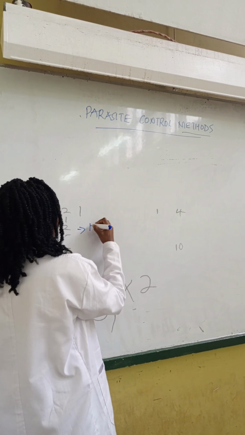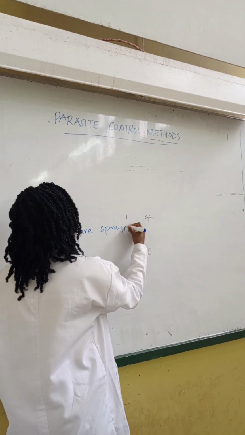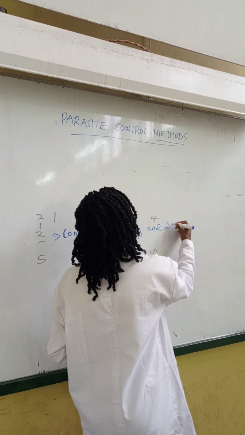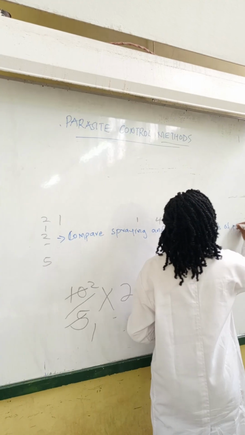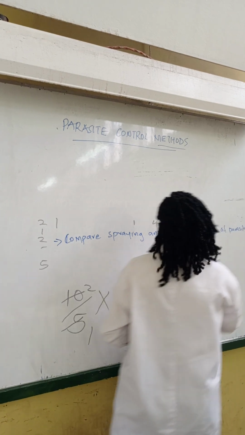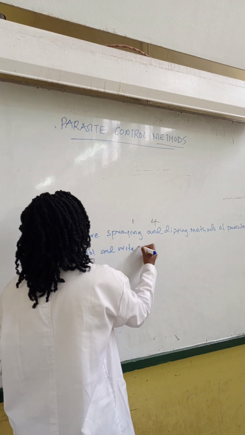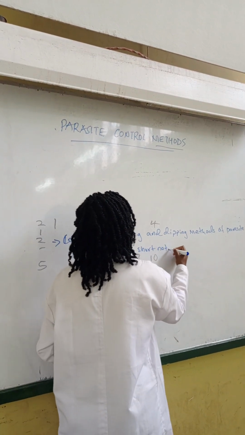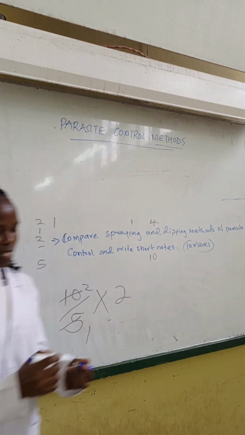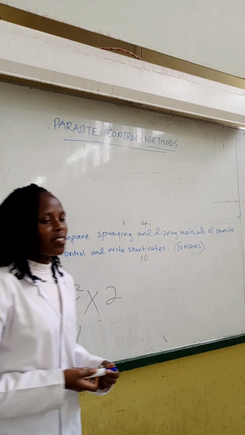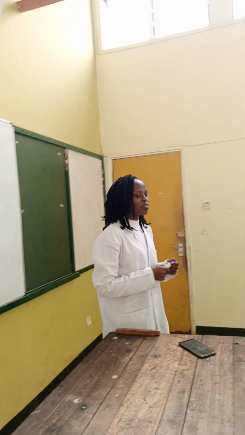You are going to compare the spraying method and the dipping method of parasite control in cattle, and then give me short notes on the same.